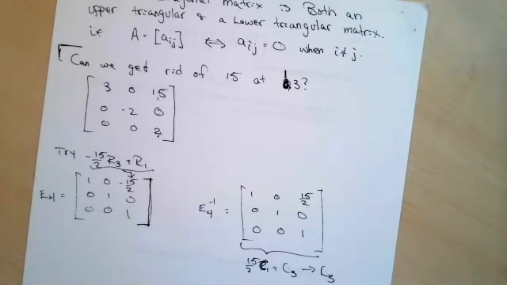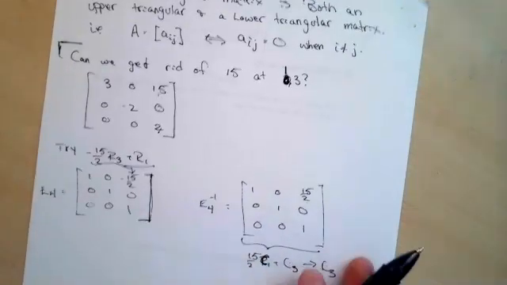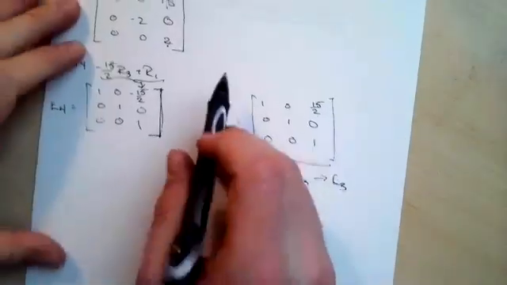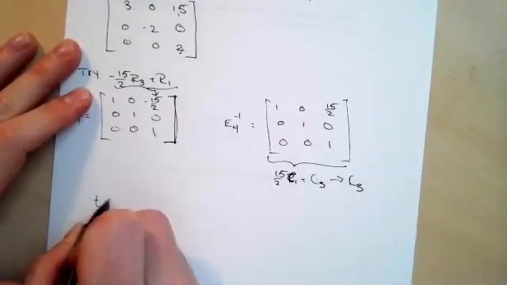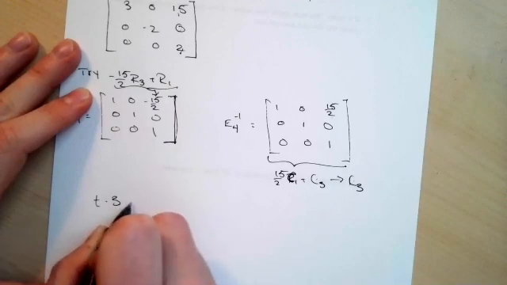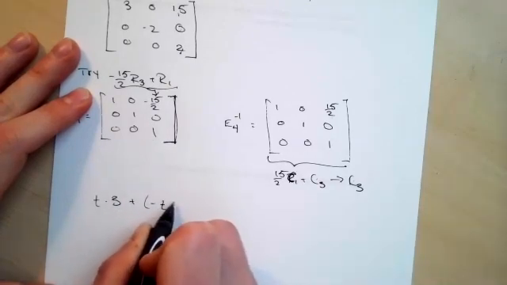So it sounds like we're off by a minus sign, yeah? So that's actually not going to work. So let's take a look. What are we going to have? We're going to have t times 3 plus that negative multiple times 2.